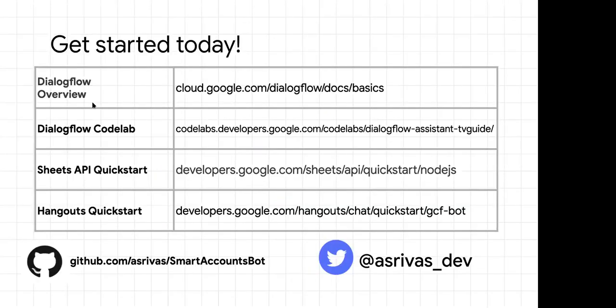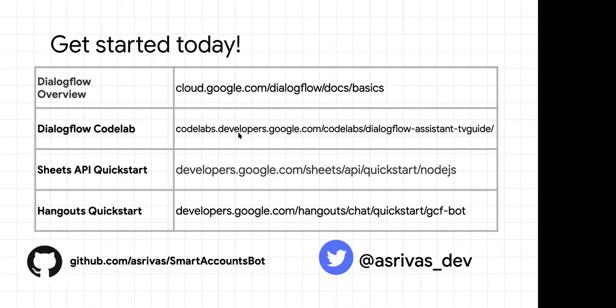So now it is your turn. Here are some resources that really helped me when I was trying to learn all of this a few months ago. I can email this out or something, but some of the links are documentation, like Dialogflow. There's a nice guide that breaks down each piece by piece, and there's a lot of diagrams.